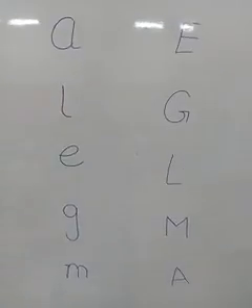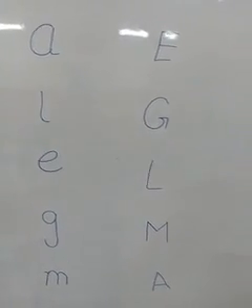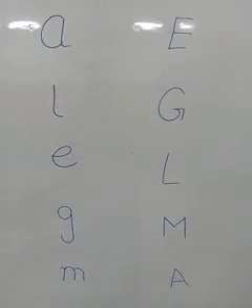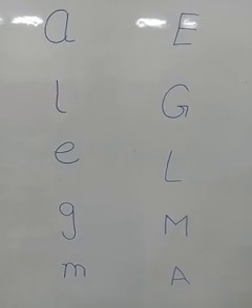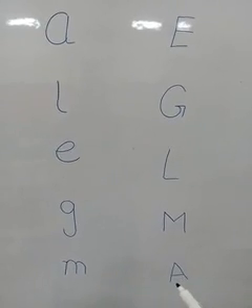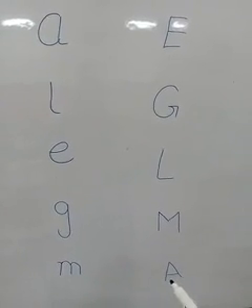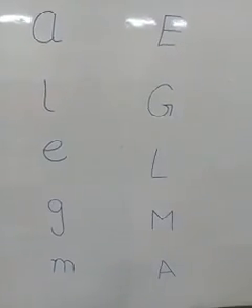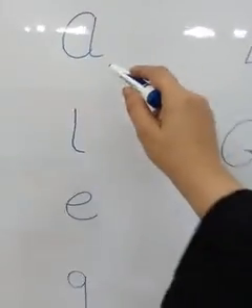Yes, it's letter A. Now we are going to match capital A with the small one. So where is the capital one? Can you find out the capital one? Yes, here we have the capital one. So we are going to join this with the small a with the help of a line.